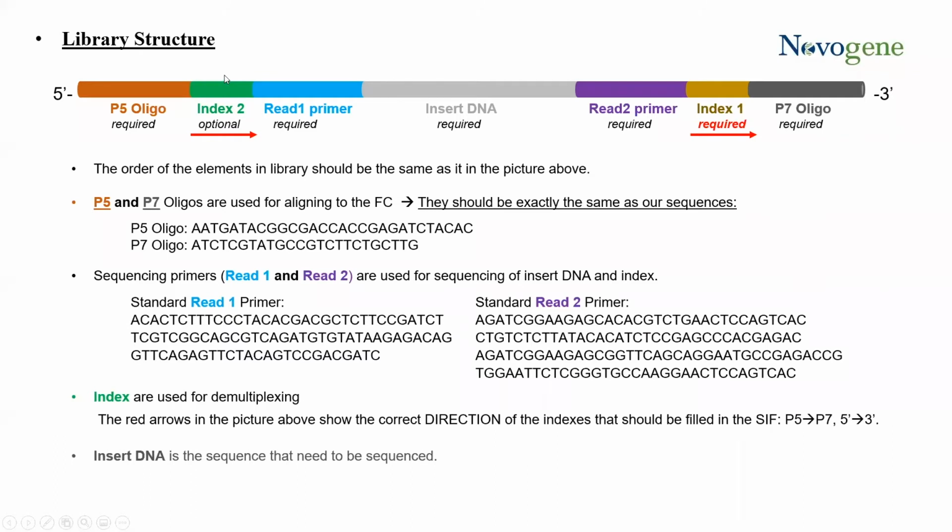So we have our two indices, and then it's right next to the read one primer sites. And then over here on the other side, so this would be on the reverse strand, the read two primer site. So the primers will attach right here, and the extension will be read at the first base of the DNA insert, and will extend in most sequencing approaches that we offer in Novogene would be paired end 150.